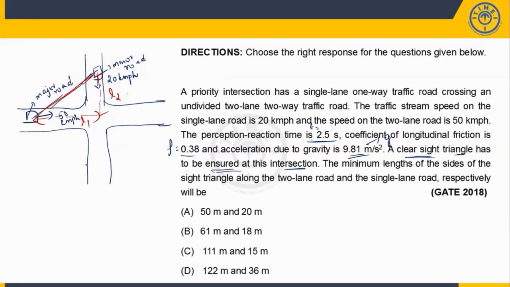Calculate L1. What is L1? Length along the major road. Vt plus V square upon 2gf. What is V? 50 into 5 by 18. How much is it? Always do this calculation sideways. 13.89.